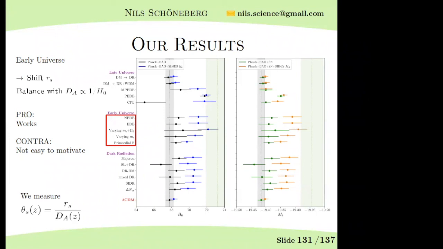There's also one model here which is missing, which was only released just after we submitted the second version of our paper, which is the Wess-Zumino dark radiation model, which is basically the same as the self-interacting dark radiation, except with a little twist. The twist is that you have different amounts of dark radiation in the very, very early universe and in the early universe.